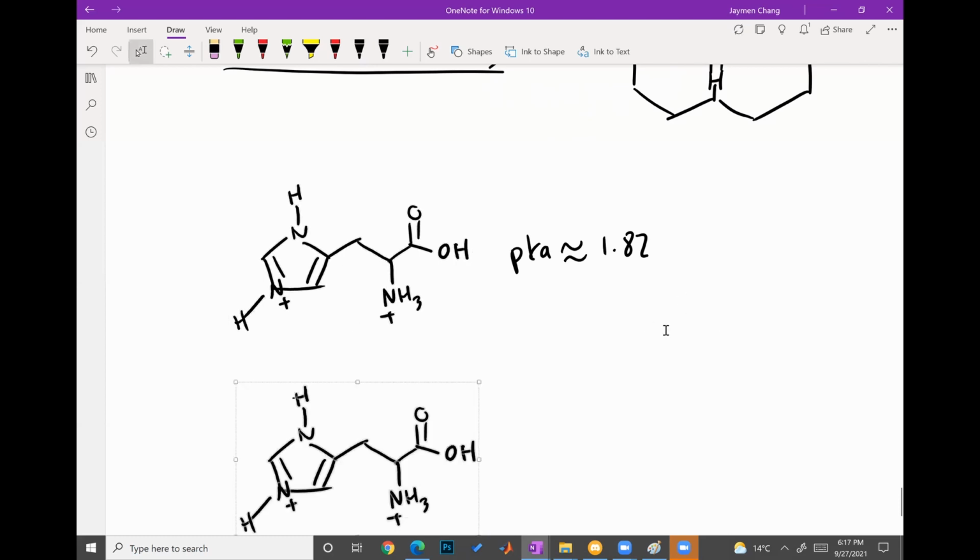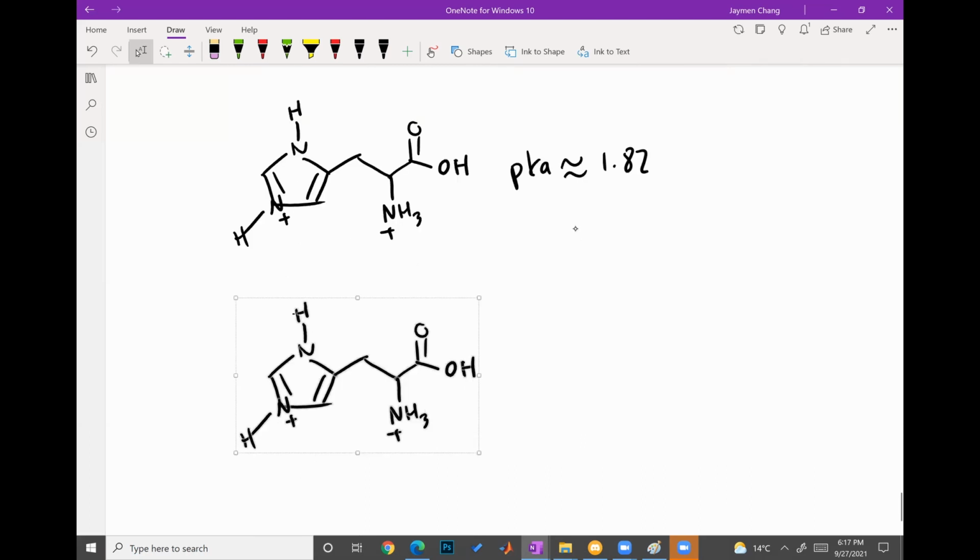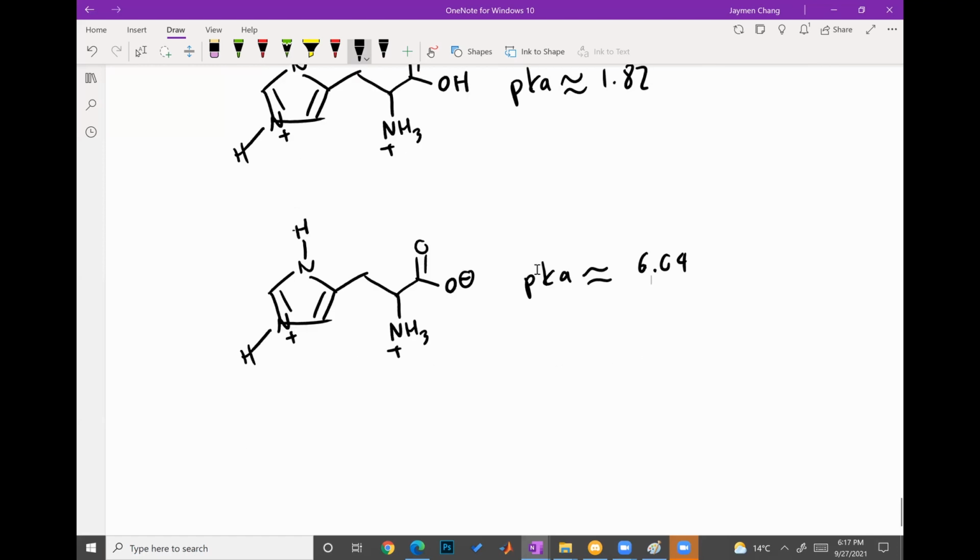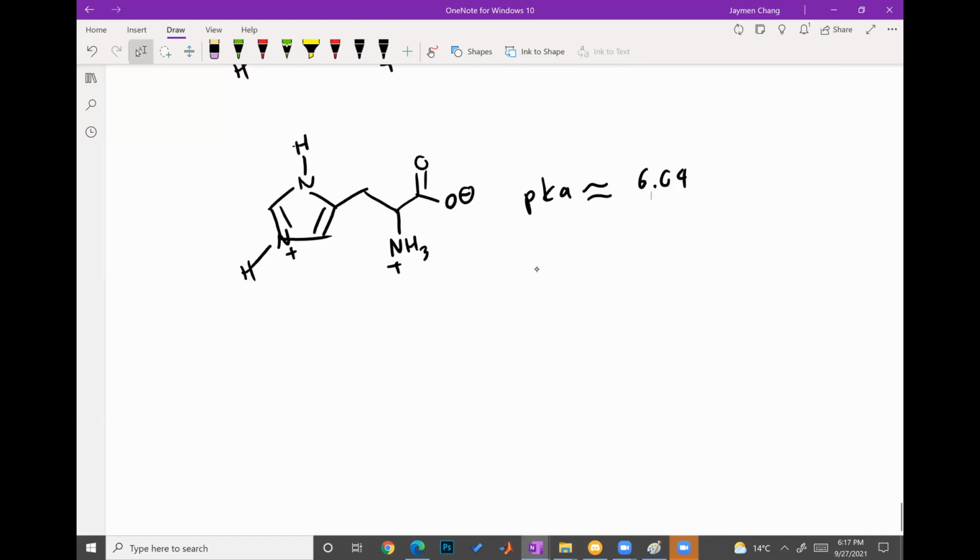And then we're going to draw a different structure because notice how there's a lot of groups on here. There's some acids, there's some bases, a bunch of different groups. And we want to think about how these different groups interact. And we'll see that this carboxylate group is going to be in the second structure, and it's going to be a pKa of 6.04.